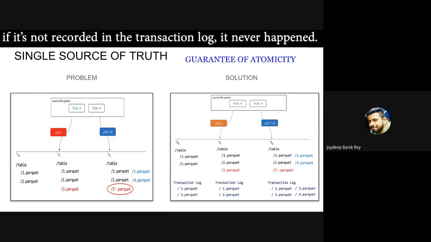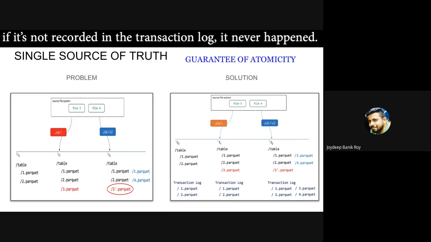Although there is a problem: once you have written corrupt files, 3.parquet is still there. Delta is not solving the problem of deleting 3.parquet; it is solving the problem of recording it. There are ways to delete it, but that is a separate part, how housekeeping, vacuum, and all those things are done. But Delta as an engine is trying to solve this problem of recording each and every piece of information so that it gives you transaction processing capability on top of it.